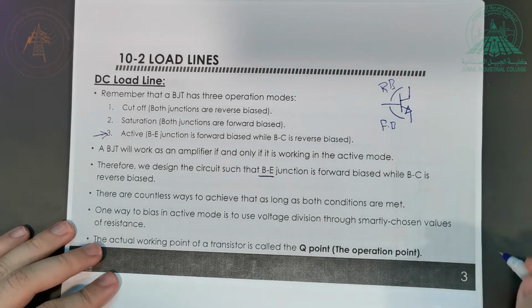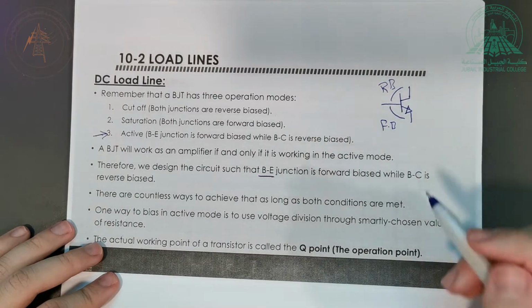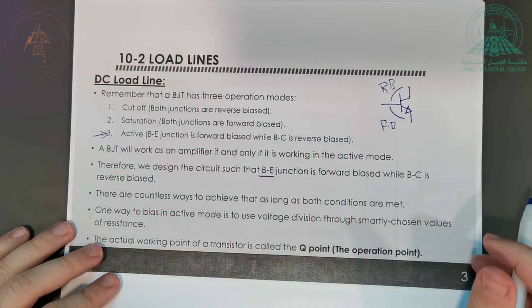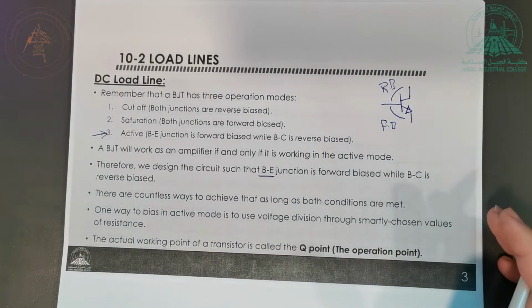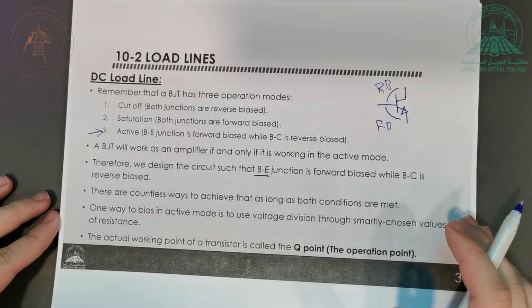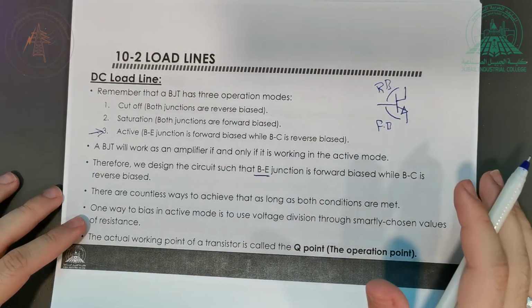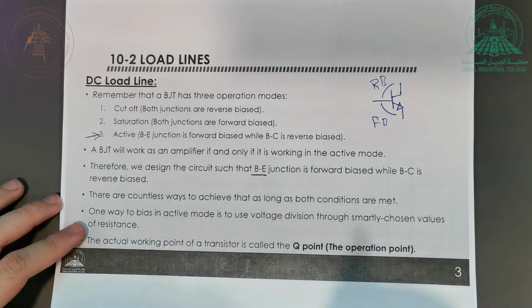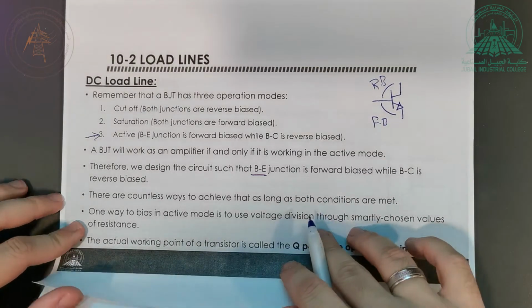So the base emitter junction has to be forward biased, and the collector base junction has to be reverse biased. There is not a single way; there are several ways you can achieve this. As long as this is true, خلاص, the transistor is in active mode. But the particular point that you choose is called the Q point.